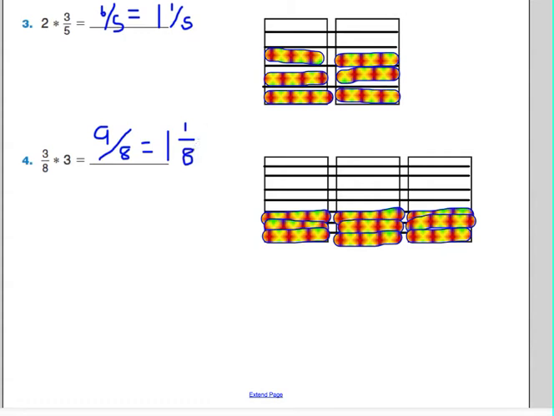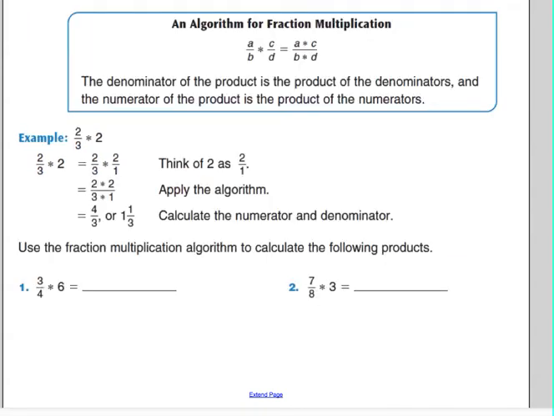Well, I wonder if you noticed any sort of a pattern here. Today we're going to talk about an algorithm for fraction multiplication. Algorithm basically just means the rule that we follow. Take a look here.